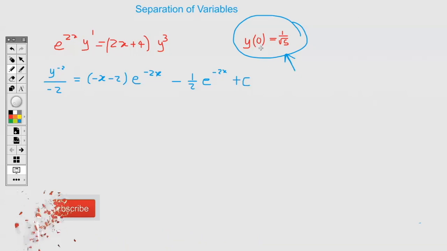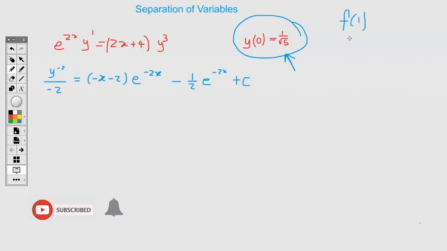When we have it looking like this, if you realize it says y of 0, it's like in functions. When you were learning functions, if I say f of 1, you're able to say x is equal to 1. It is the same case here. When we have y of 0, this is saying x is equal to 0 and y is equal to 1 over root 5.